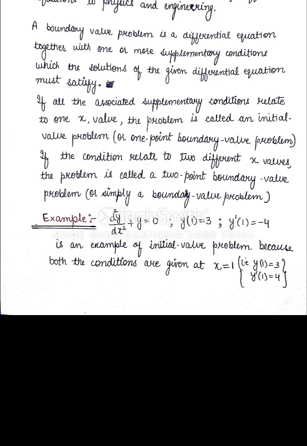Now you see here are two conditions prescribed with this problem, but this problem is not a boundary value problem because it is an initial value problem, because the conditions are prescribed only at one point, namely x is equal to 1. At x is equal to 1, y is 3, and at x is equal to 1, y dash is minus 4. So since the conditions are prescribed at only one value of x, we will put this equation in the category of initial value problem.